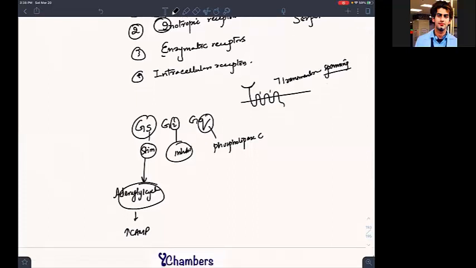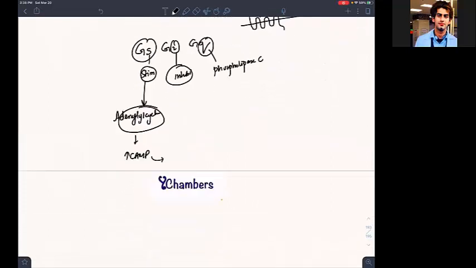And that cAMP is leading to the activation of those protein kinases like protein kinase A. So simply you have to remember it increases the cAMP, cyclic AMP, and then they are leading to the phosphorylation of all the substrates.